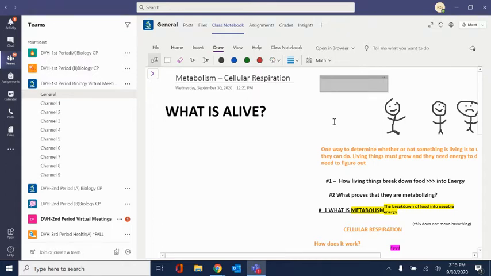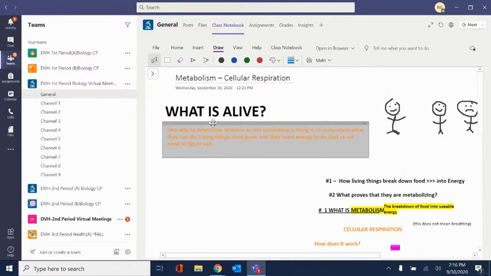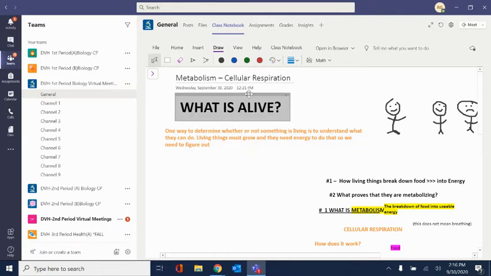In past classes, we have talked about the characteristics of life and how those are a checklist for verifying whether an object in front of me is alive or not. And so today we're going to focus on one of those characteristics of life.